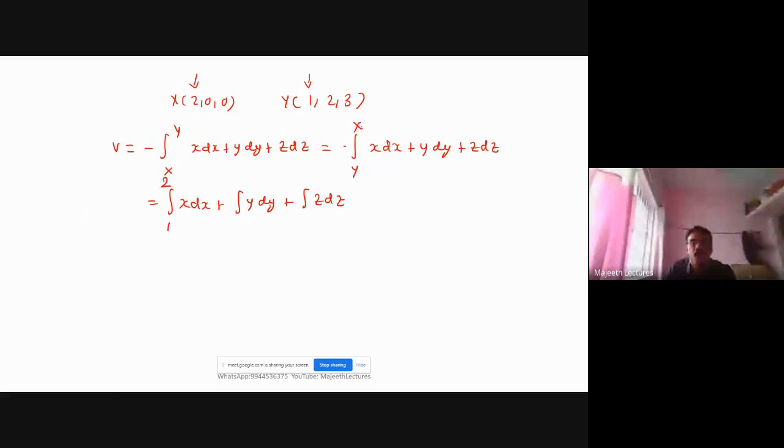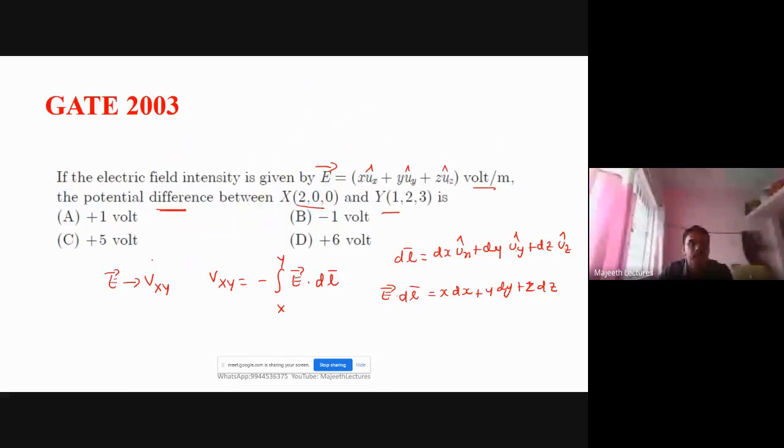Similarly, in y dy, y varies from 2, y is 2, here y is 0. So 2 to 0. In y, z is 3, in x, z is equal to 0. So 3 to 0. If you simplify this, what you get is 5 volt. So V is equal to 5 volt. This is the answer.